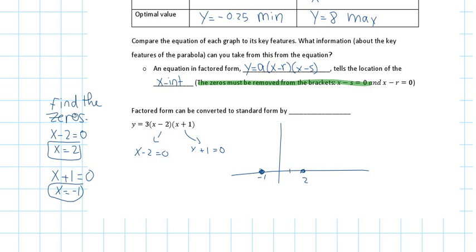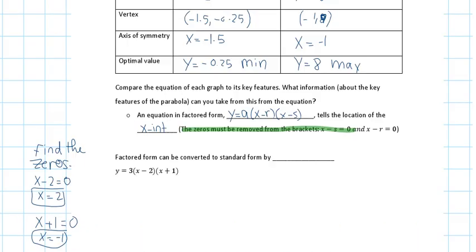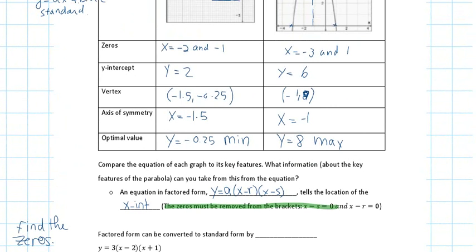If it's in vertex form, you can find the vertex. If it's in standard form, you can find the y-intercept. So the three forms are used for a reason. One is to find the vertex. One is to find the zeros. And the third one is to find the y-intercept.